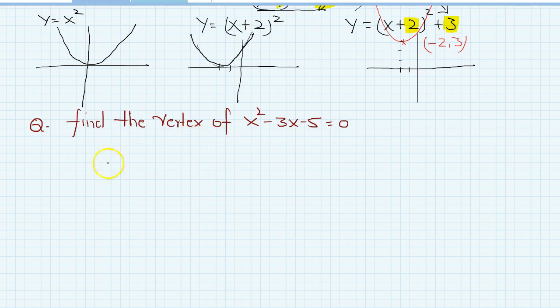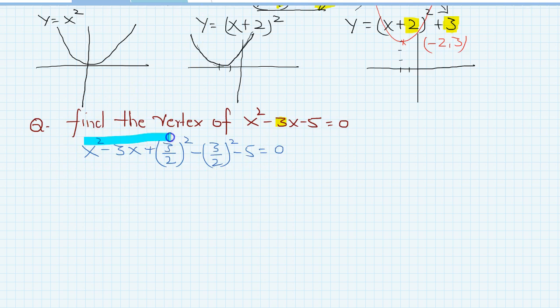We are going to write x square minus 3x plus half of the coefficient of x, that is half of 3, (3 over 2) square, and minus (3 over 2) square minus 5 is equal to 0.